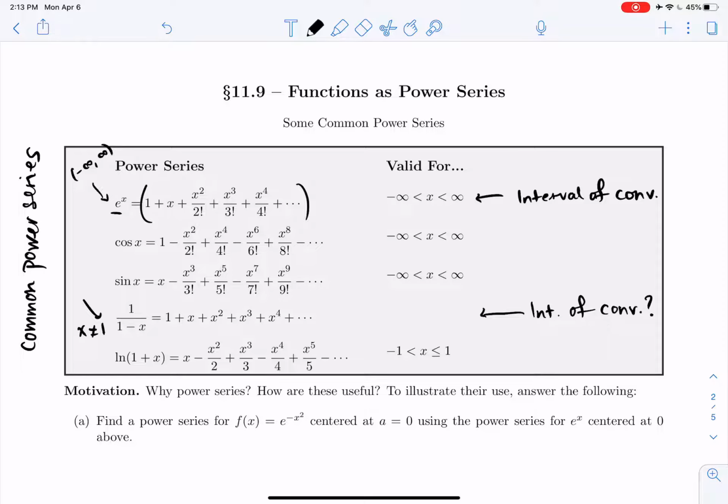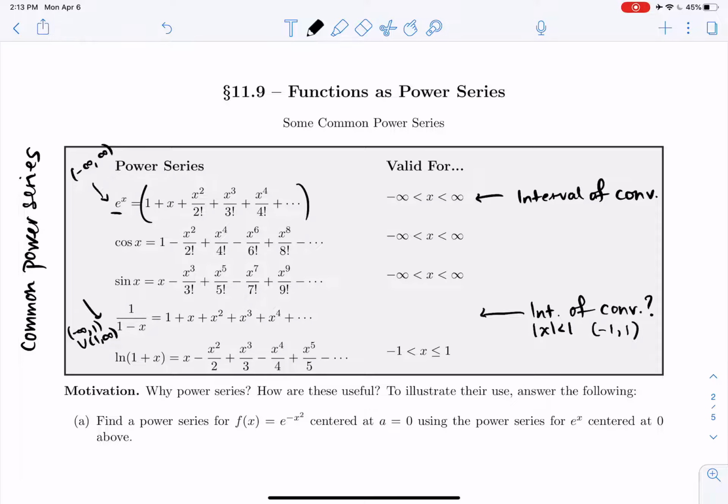Well, we can see that that's a geometric series, and we know geometric series only converge if their common ratio is less than 1 in absolute value. This thing's common ratio is x. So this actually only converges for x values between -1 and 1, while this guy's domain is all real numbers except for 1.